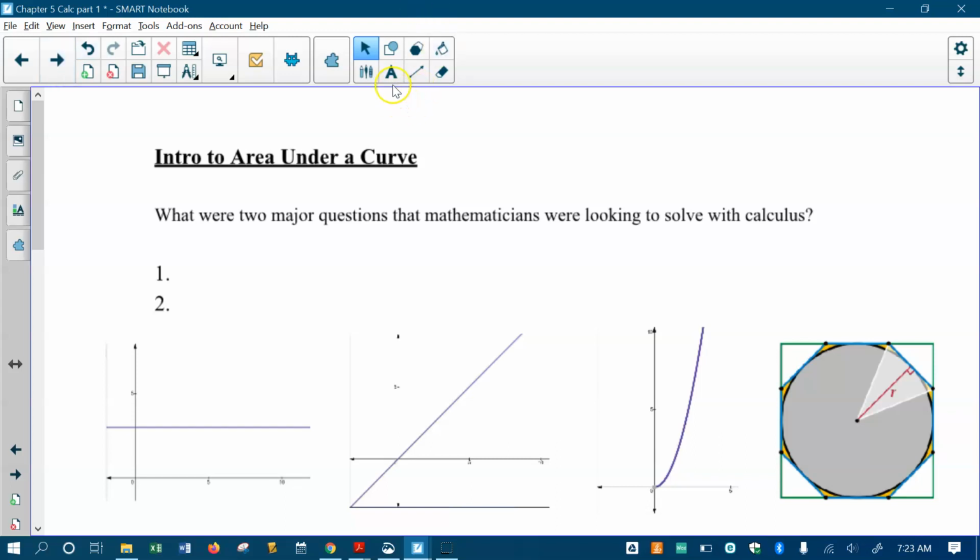Okay. What were two major questions the mathematicians were looking to solve with calculus? This is on page 11.